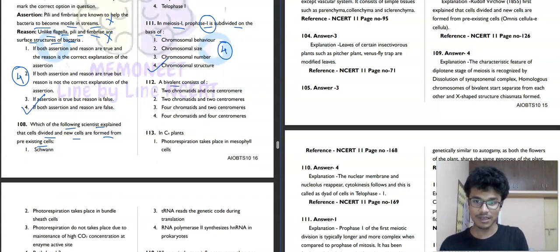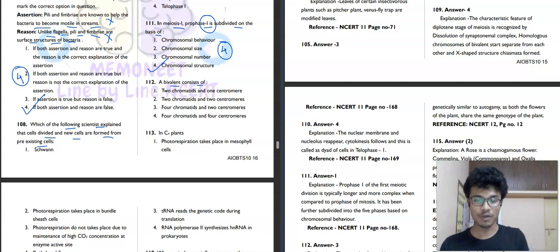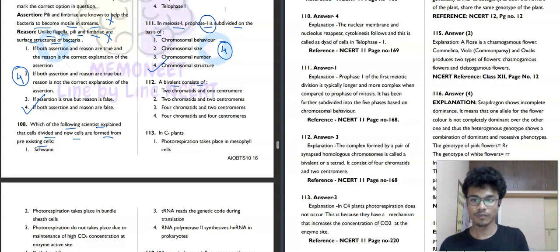A bivalent consists of 2 chromatids and 1 centromere, 2 chromatids and 2 centromeres, 4 chromatids and 2 centromeres, or 4 chromatids and 4 centromeres. So basically, what is a bivalent? First of all, we will draw the structure and we will try to answer.